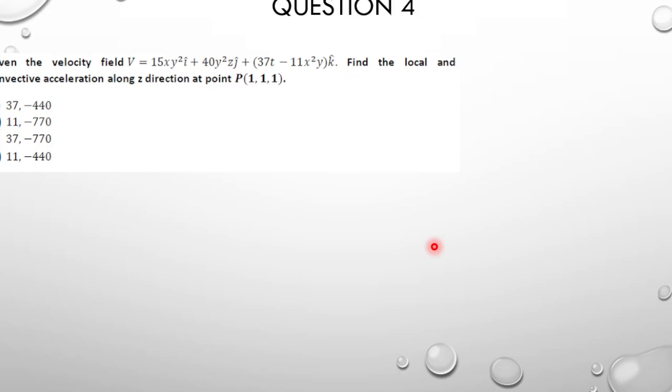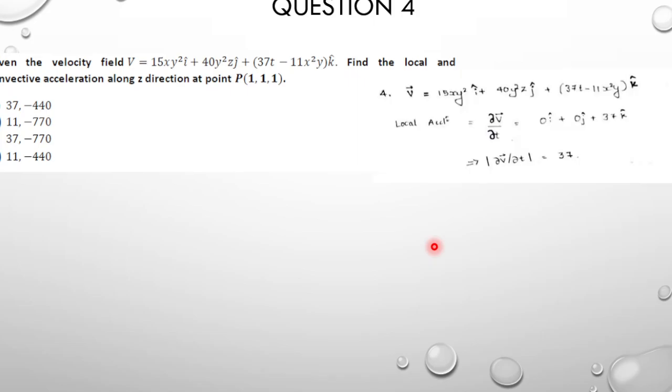Because of that, this convective part comes into the picture. You might have already learned these things in the basic fluid mechanics course. I was just revising that, and you have also learned the momentum conservation equation, which we will be using in CFD. That is why you need to know these things, and that is why this question has come in.